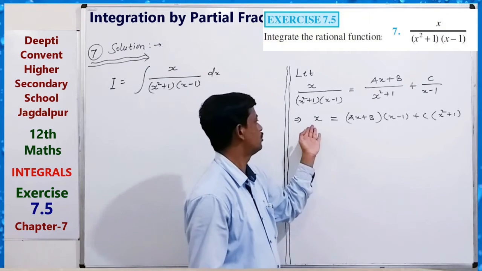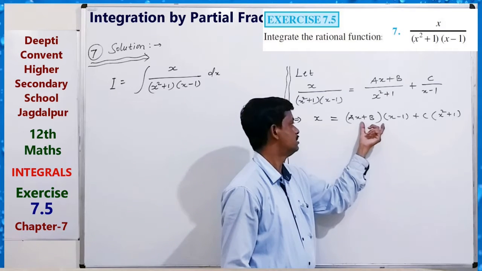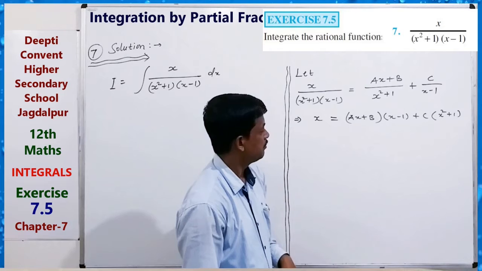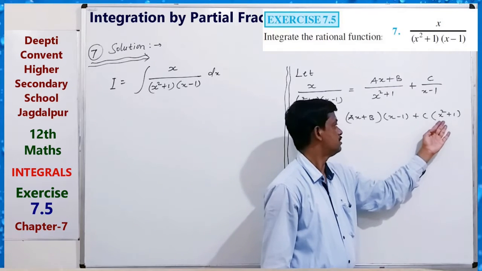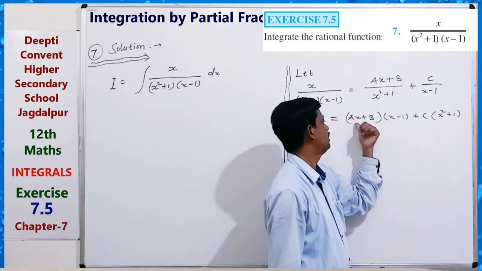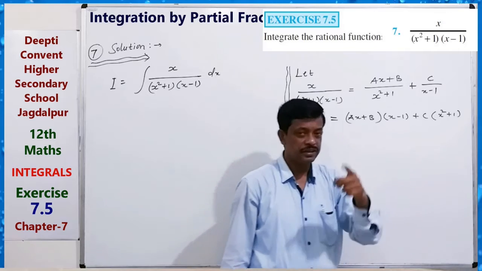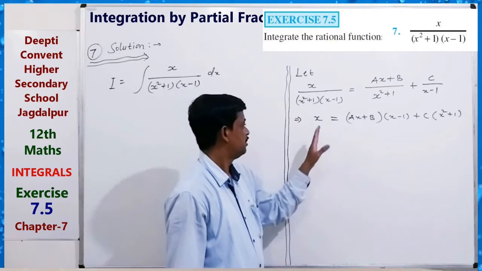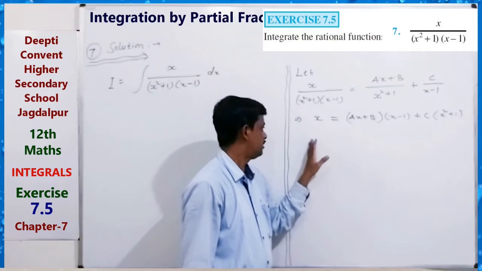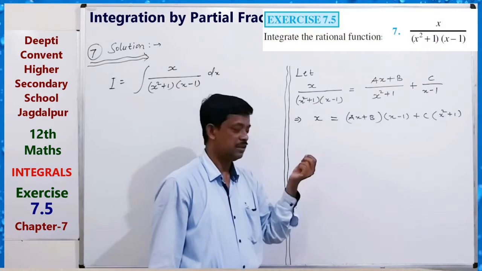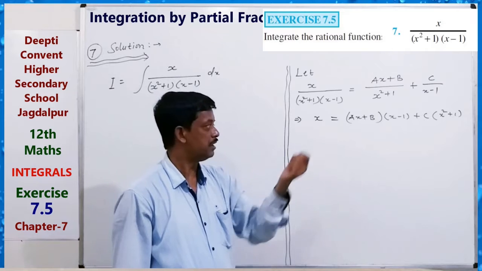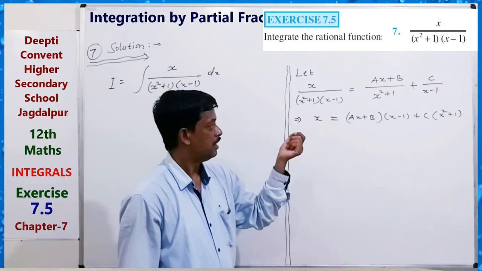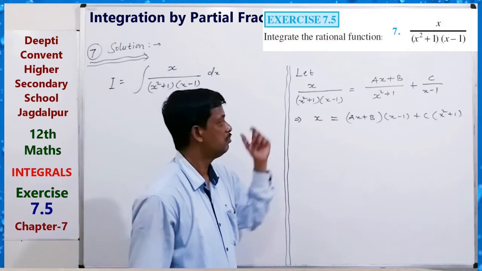Suppose we take x equal to 1, then this will vanish and we can get c. But how can you find the values of a and b? In this case we have to write both sides as a polynomial and compare the coefficients of the same power of x from both sides.